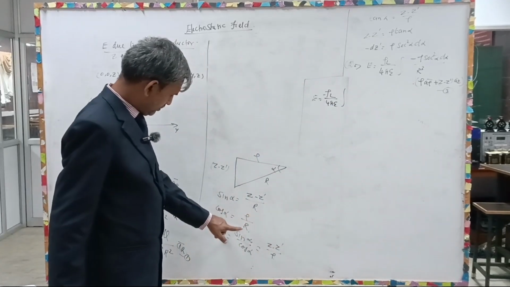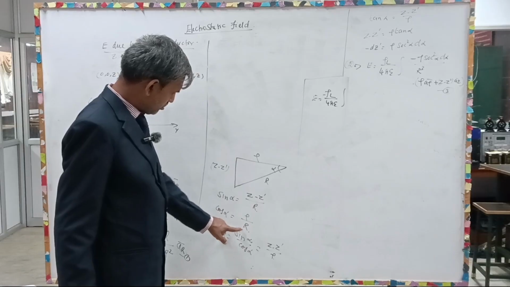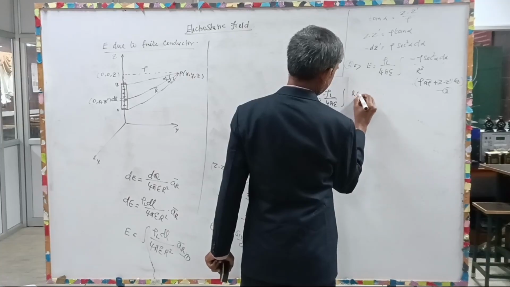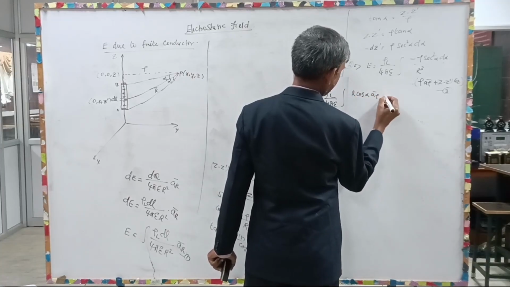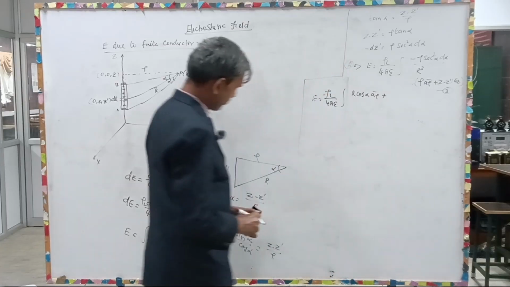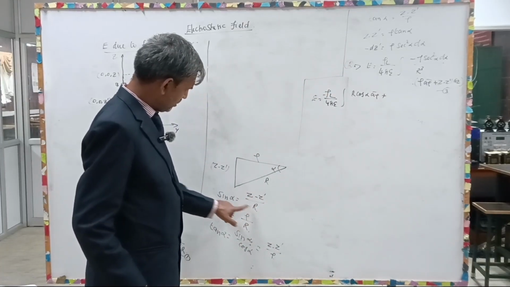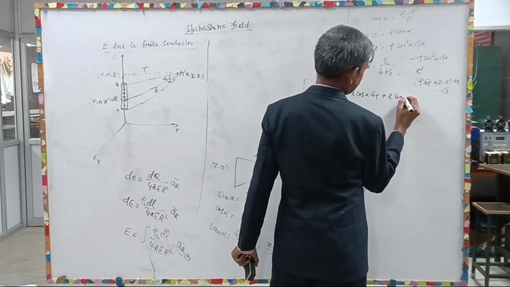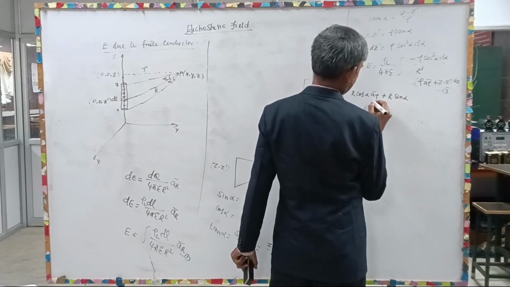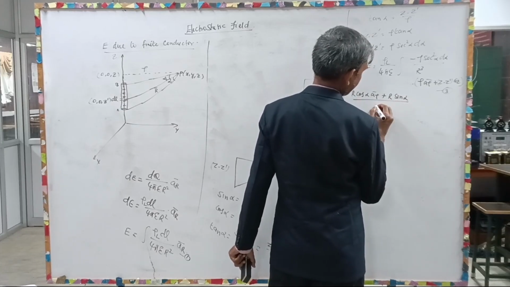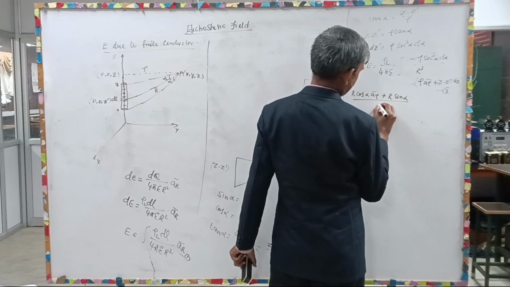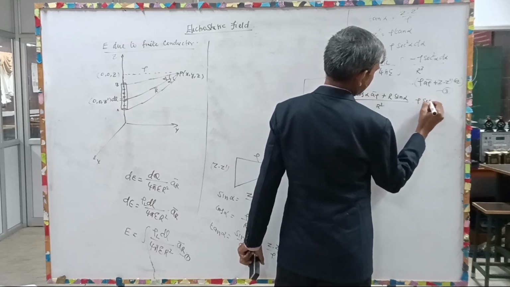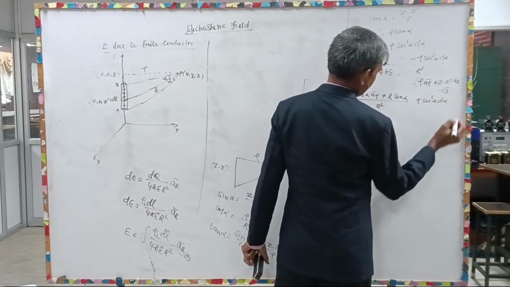equation number 3: E is equal to minus rho L divided by 4 pi epsilon integral of, so rho value from this, rho is equal to R into cos alpha a_rho, plus z minus z dash is R into sin alpha a_z, divided by R square into minus rho secant square alpha into d alpha.